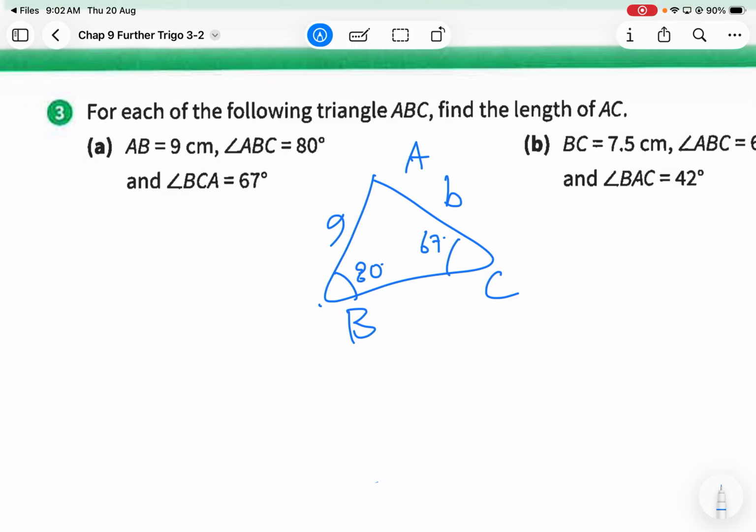Then I will write down B over sine 80. Then I go to my known pair, 9 and 67. I want to find side, so I put the side on top as well. 9 on top of sine 67.